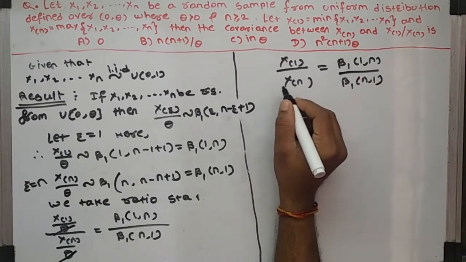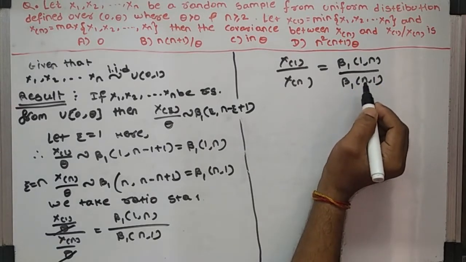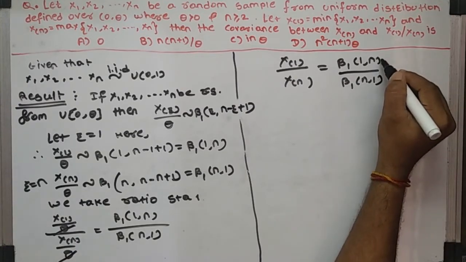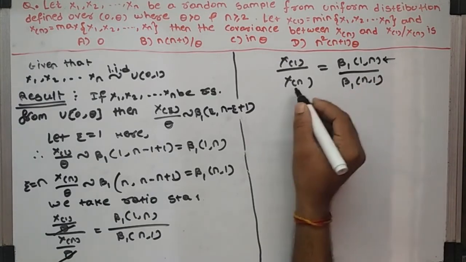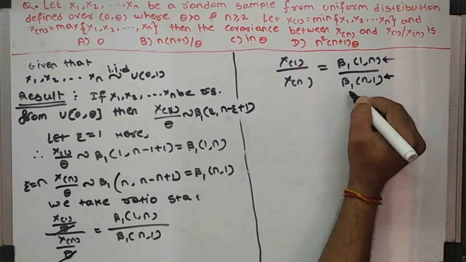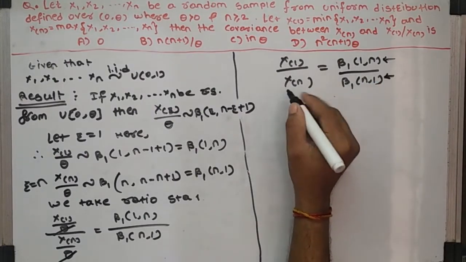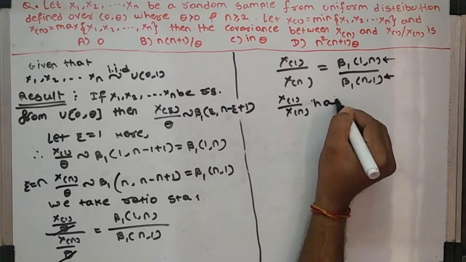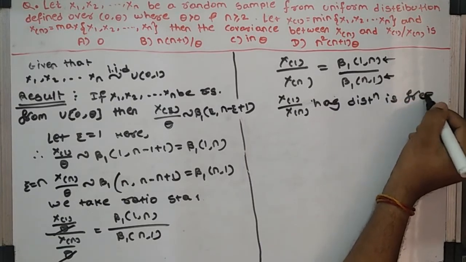Observe that these beta distributions do not contain the unknown parameter θ; they are free from θ. Therefore, X(1) upon X(n) has a distribution that is free from θ.